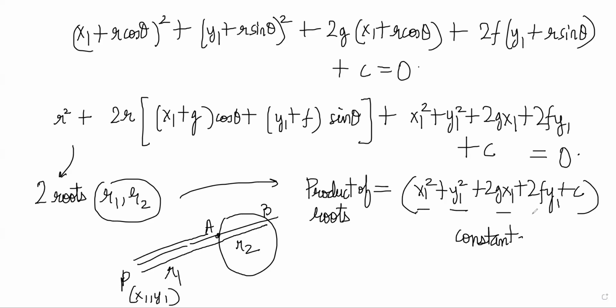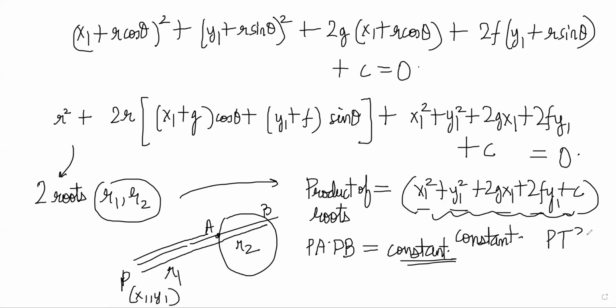All of these terms are fixed because x1, y1 was fixed, right? So what we have here is that the product of roots, which is PA times PB, is constant. Later, when we know the length of the tangent from P(x1, y1) to the circle, you will realize that this is equal to PT², which is the length of the tangent squared. And we also know that PT² is the power of a point P, right?